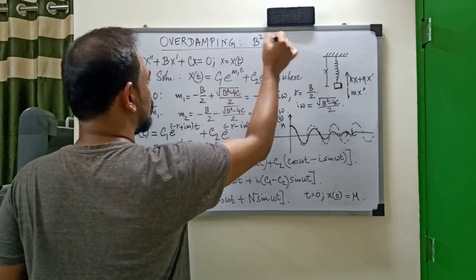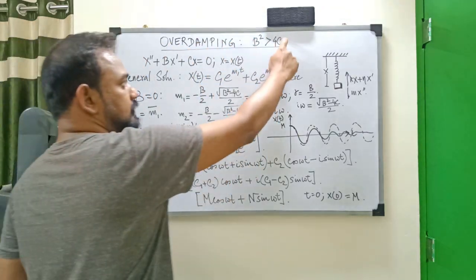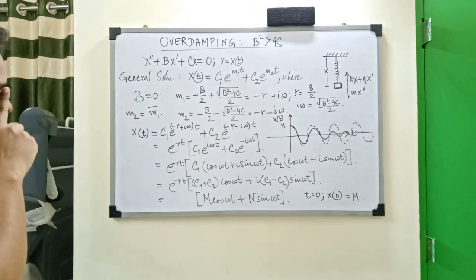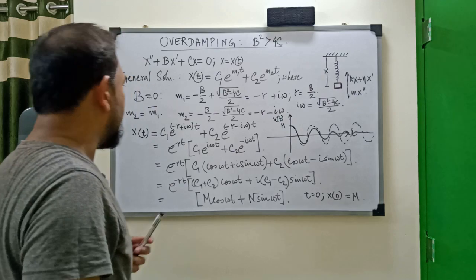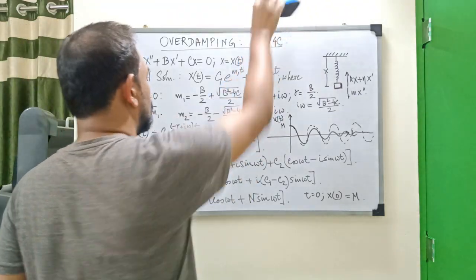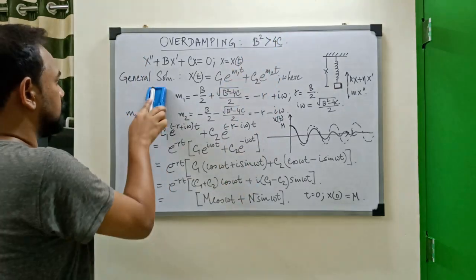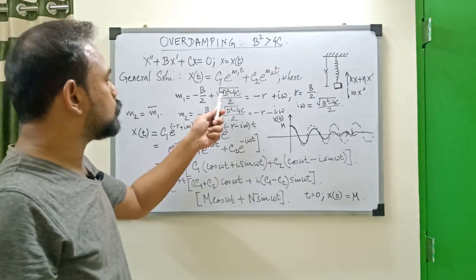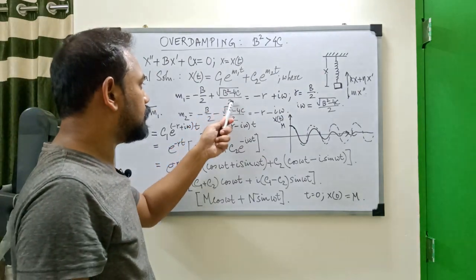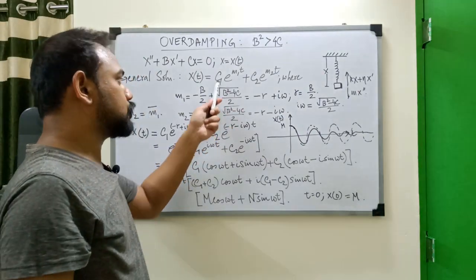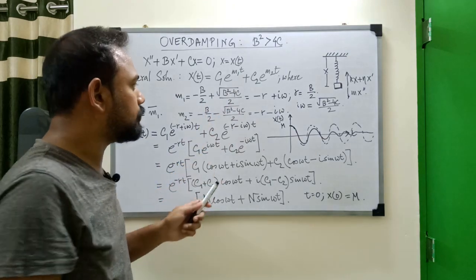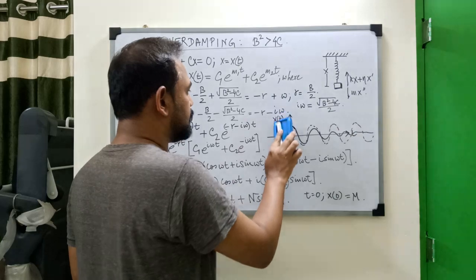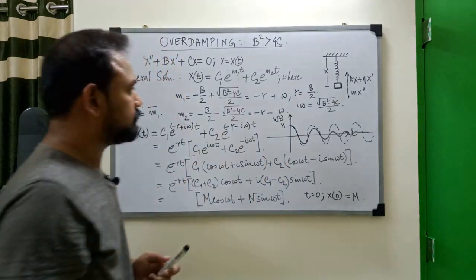So the resistance is too high for the stiffness. C is responsible for stiffness. In that case, B squared minus 4C is now a real number. The square root of B squared minus 4C is a square root of a positive number, so it's a real number. So there is no need for this i here anymore.